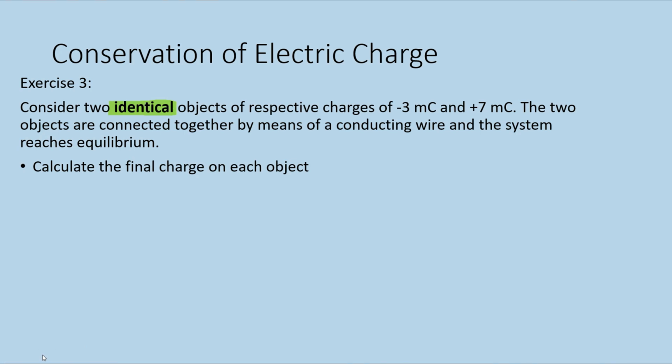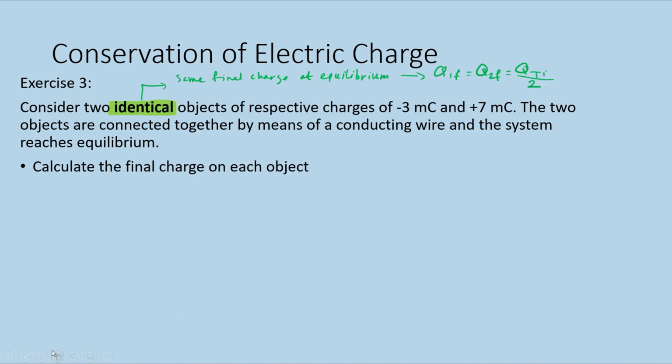Identical objects will carry the same final charge at equilibrium, which means that Q1 final is equal to Q2 final, which is equal to Q total initial over 2.